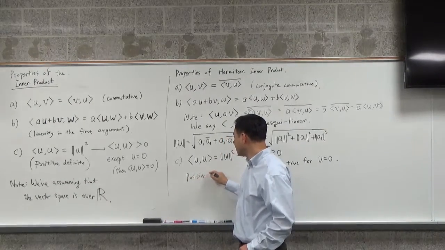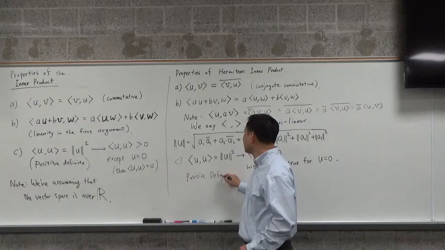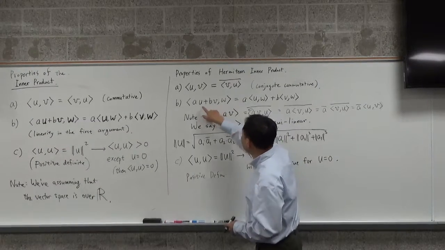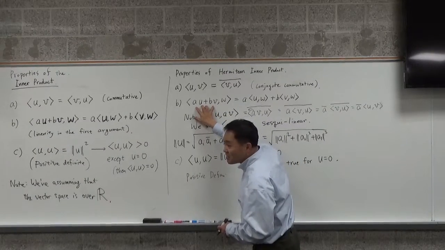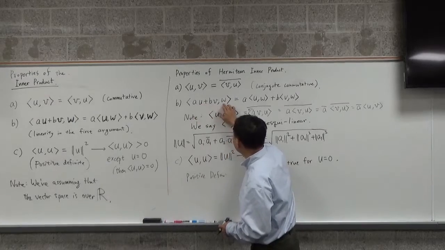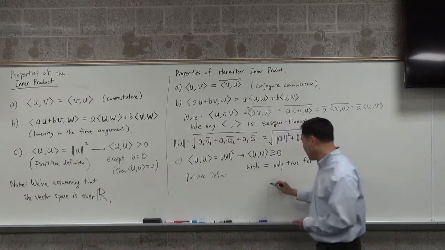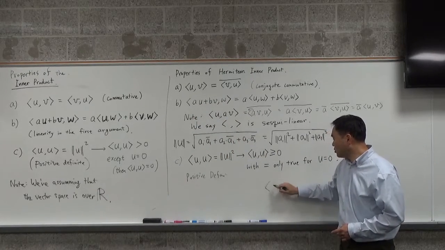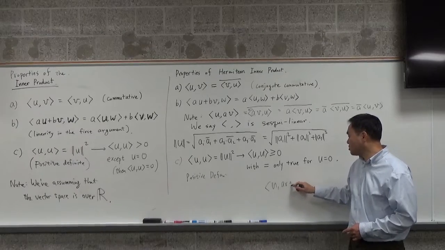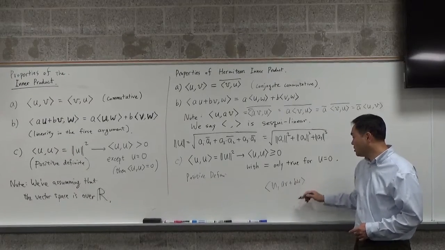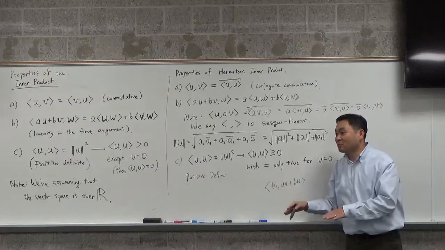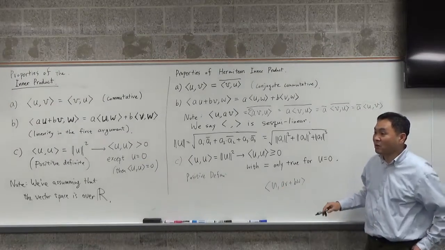How can you be partially linear? I'm saying that it's linear in the first component, but then if you had the same thing, if you had U times AV plus BW, these don't come out as A and B, they come out as A bar and B bar.